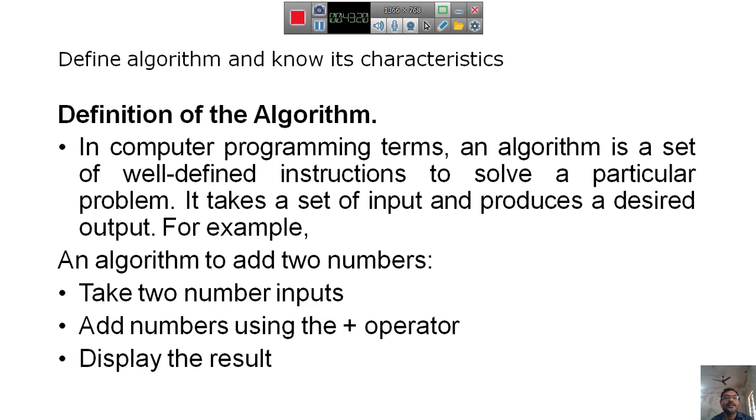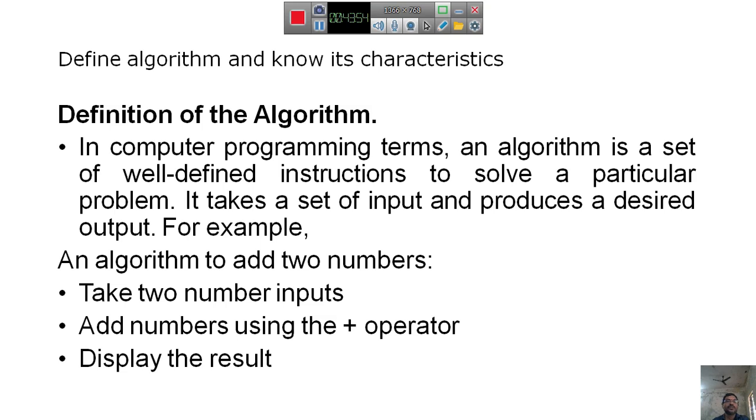So the steps for writing an algorithm are: start, step-by-step process, and end the process.